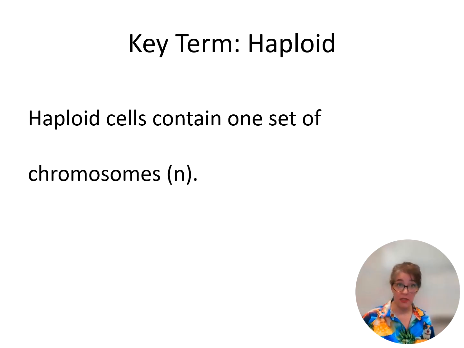The haploid number for humans is 23. So humans have 46 chromosomes, which means half, your haploid count, would be 23 chromosomes. Haploid cells carry one chromosome from each pair, not both. Why are these important?